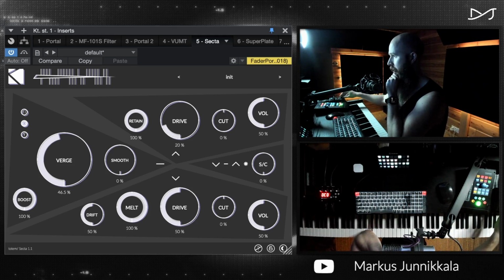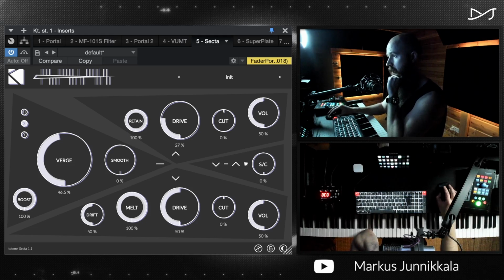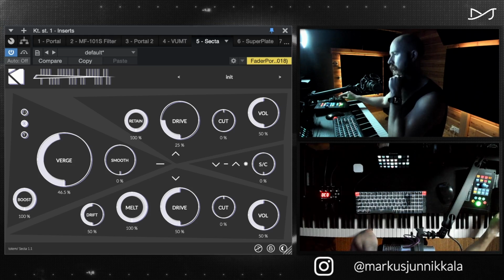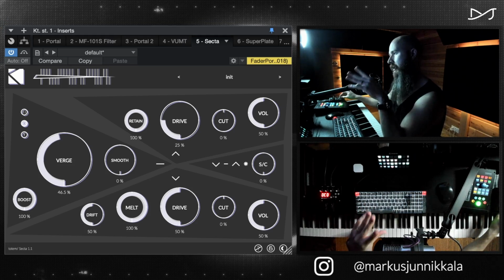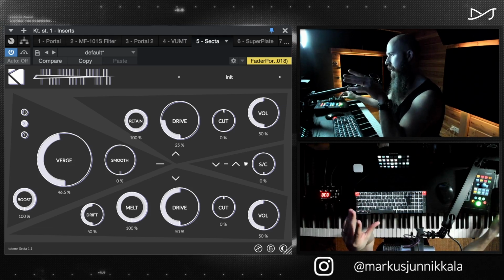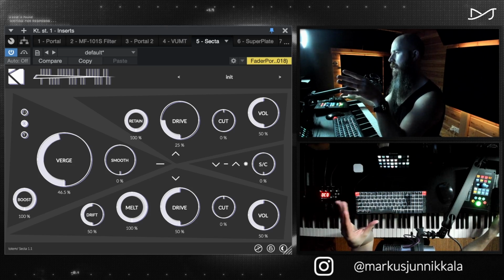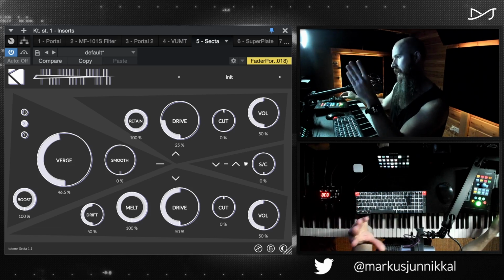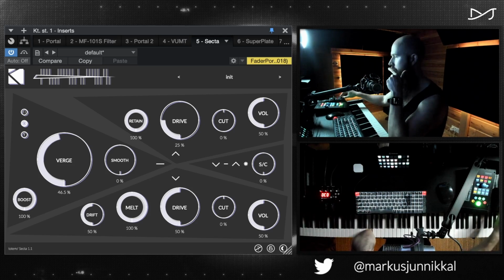That is super nice, very thick, the saturation there. So once you find a nice spot and then you start tweaking some of these parameters, it's very clear if it's better or worse. It's just a matter of finding the right balance point.